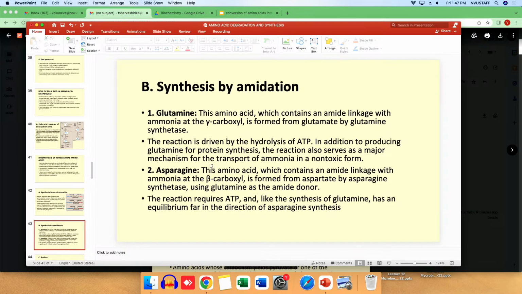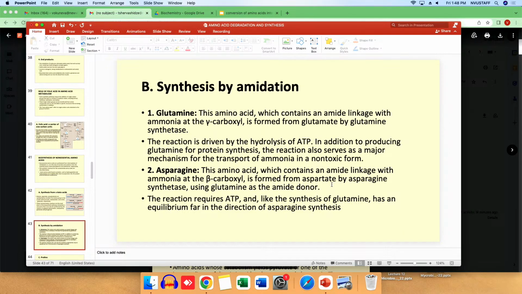Okay, then asparagine. Again, asparagine has an amide linkage with the beta carboxy group, not the gamma carboxy group as in glutamine, but the beta. It's not that important for you to remember, but the amino group is attached to the carboxy group, that's fine. And that can be formed from aspartate.